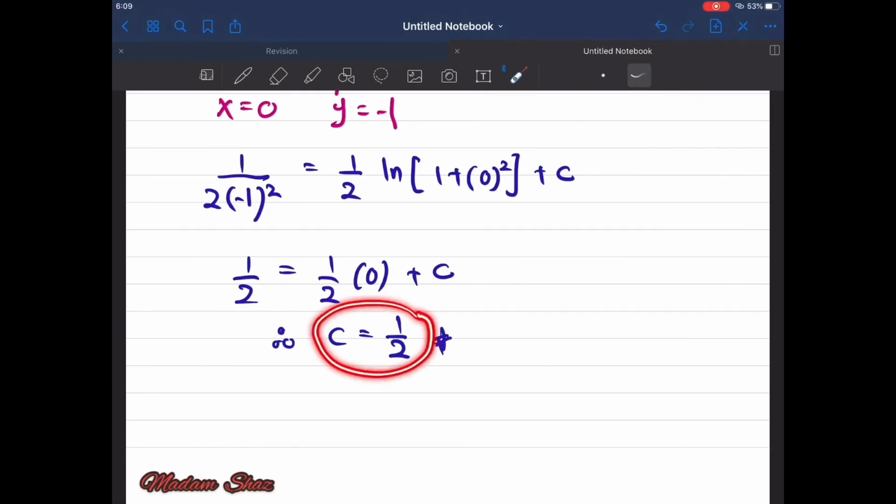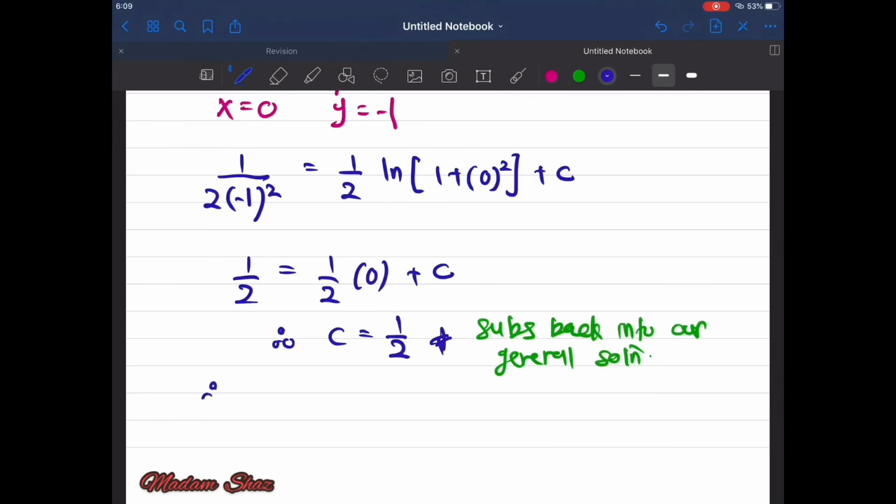Don't forget to substitute c back into the general solution. So therefore 1 over 2y squared is equal to 1 over 2 ln(1 plus x squared) plus 1 over 2.